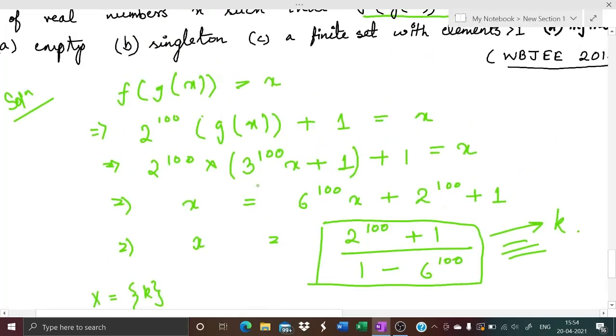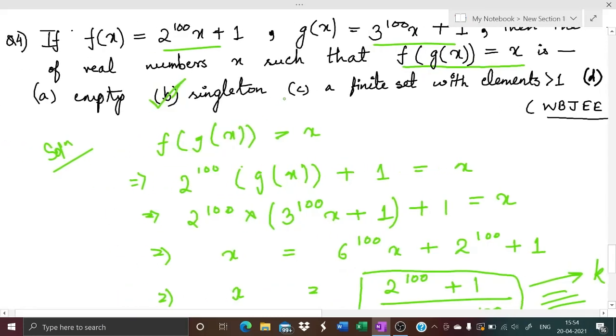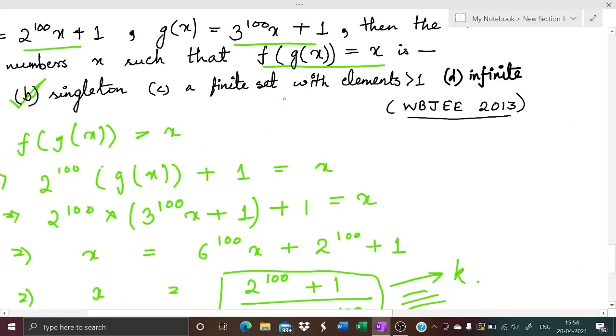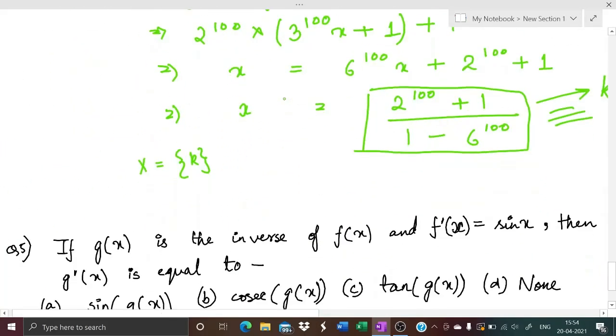So that means the set is a singleton set. Singleton set means a set which has only one element. Okay, cool. So this was an easy question, and other options are finite set with more than one element and infinite set. So these are wrong. This is a singleton set. Option B.